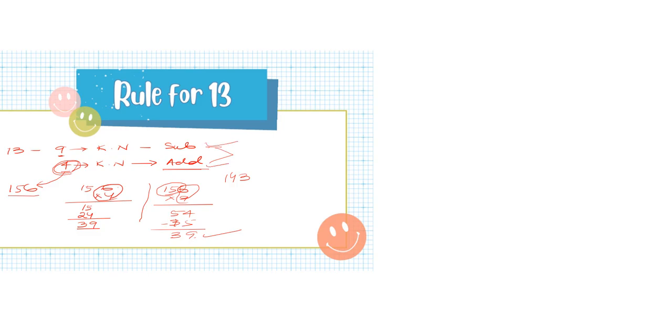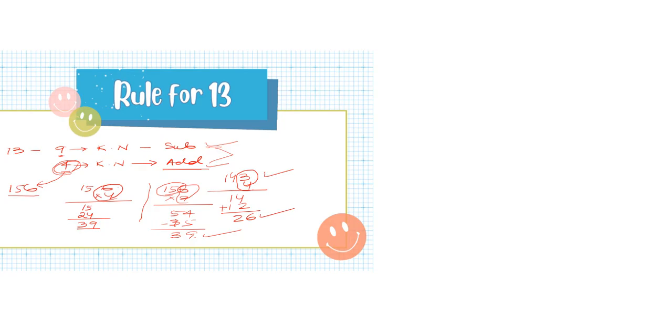Now let's multiply 4 at its units place. 4 3s are 12, and to be added with the remaining number. 14 plus 12 is 26. Now tell me, 26 is divisible by 13 or not? 13 2s are 26. So that's why 143 is divisible by 13. I hope you got my point, isn't it?